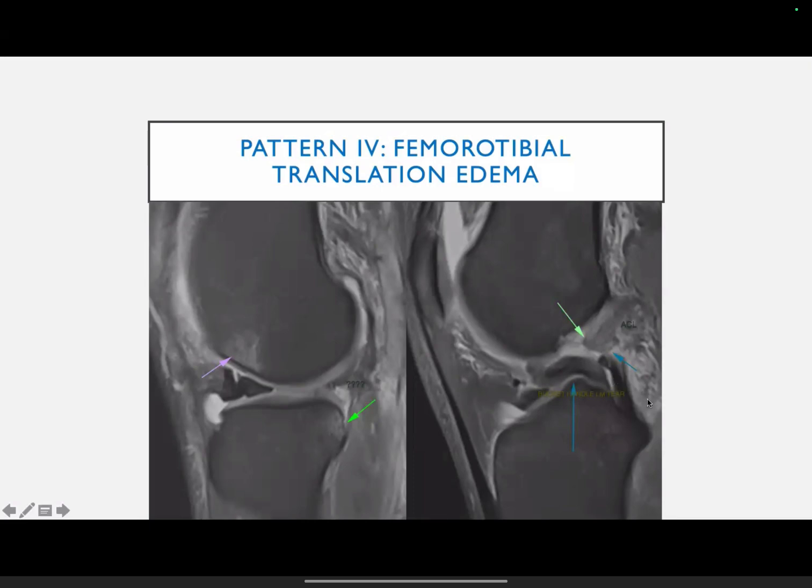So this is a case of a bucket handle tear of the lateral meniscus, and the ACL is completely torn here. So this is the full thickness tear of the anterior cruciate ligament. Along with that, we have a bucket handle tear and a flipped meniscal flap anterior to the anterior horn.